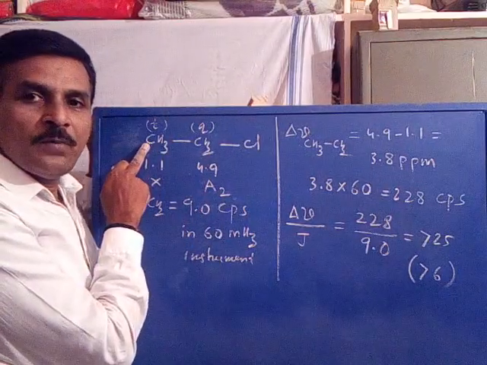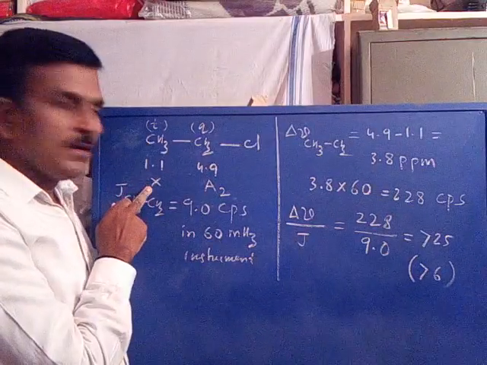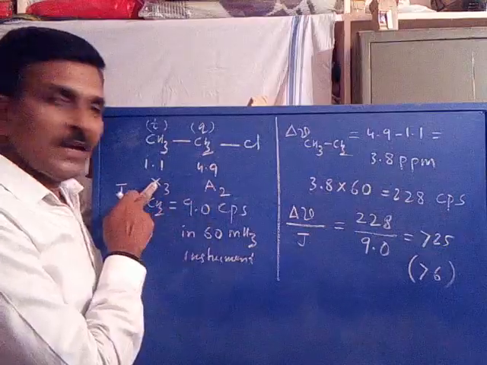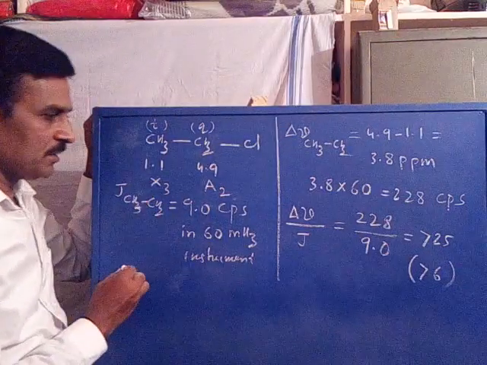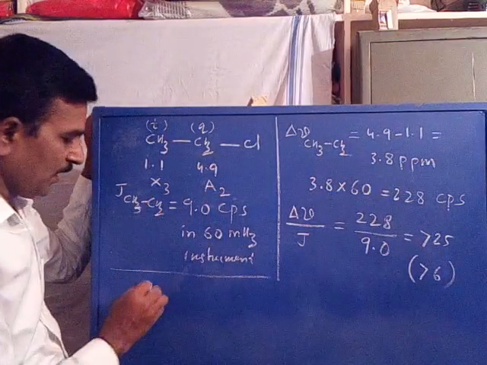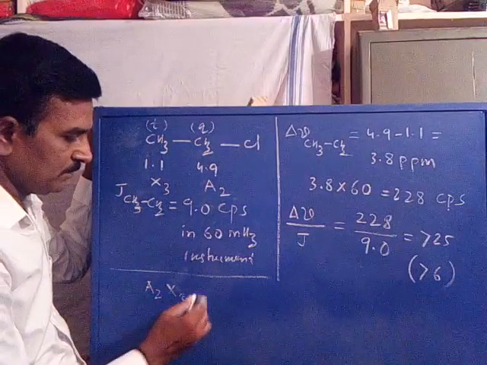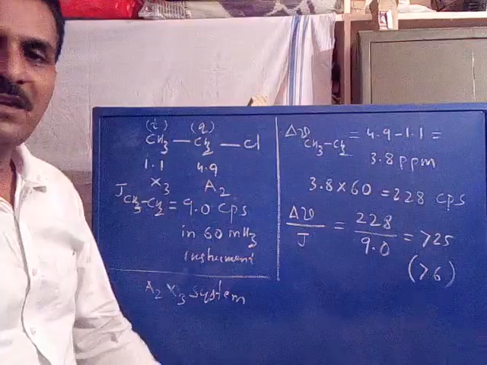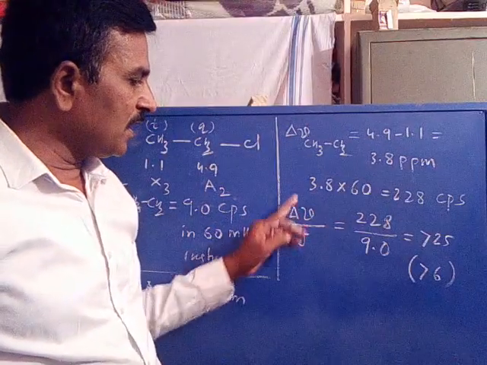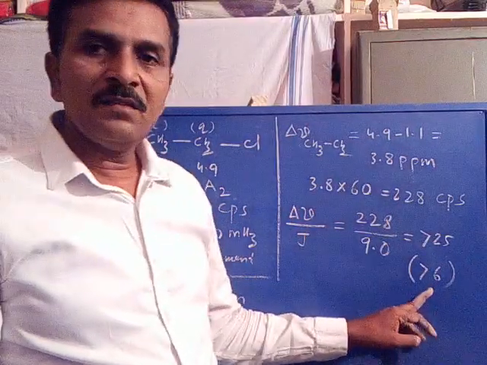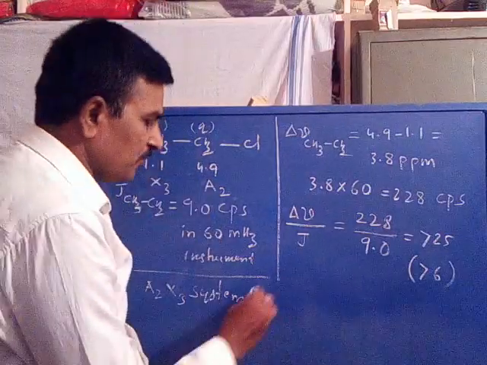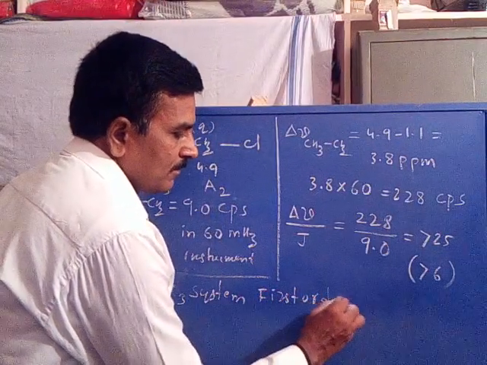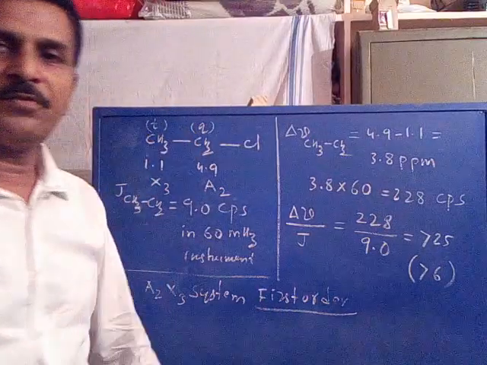The CH3 group has 3 protons, therefore X becomes X3. The whole system becomes an A2X3 system, and it obeys delta nu divided by J greater than 6, therefore it is first order.